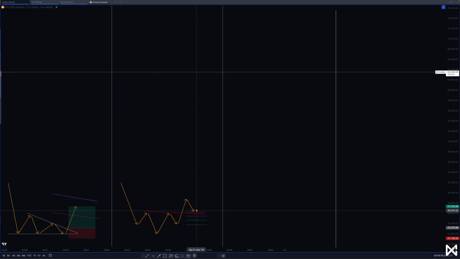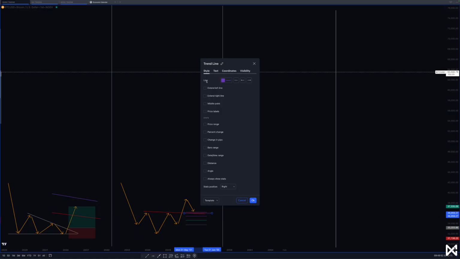Once it retraces to the confluence area, we're going to have one more thing here. We're going to have the pivot, which is typically going to be starting somewhere here, and the pivot will be just a regular gray color.